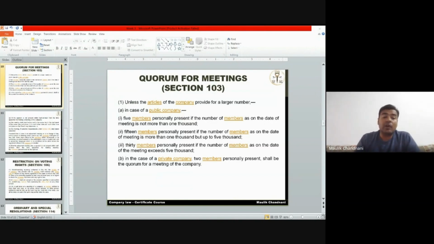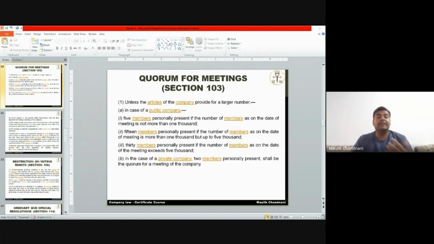But this is clause A, where the meeting was actually called by the board of directors themselves, and the members were not there. The meeting will be adjourned. But when we talked about the EGM under subsection 2, the members themselves have called the EGM on their own requisition under subsection 2 of section 100.